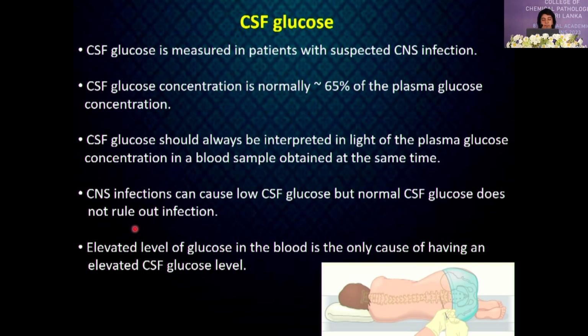Central nervous system infection can cause low CSF glucose, but normal CSF glucose does not rule out the infection. Elevated CSF glucose: the only reason for elevated CSF glucose is elevated plasma blood glucose.